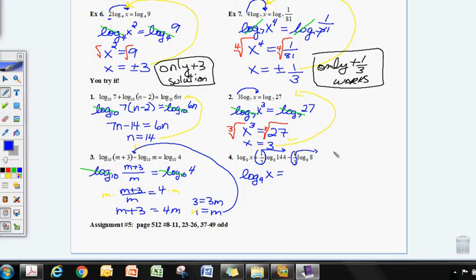Okay, so I have to bring up the exponents, and then I also have to rewrite the subtraction.